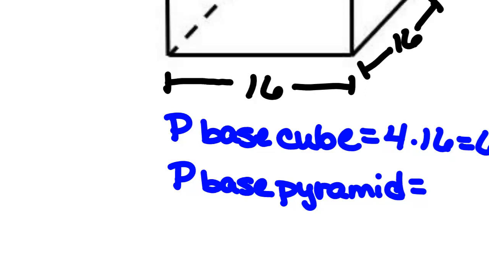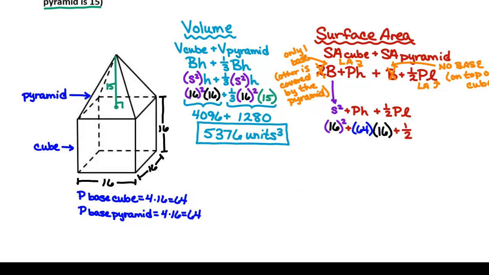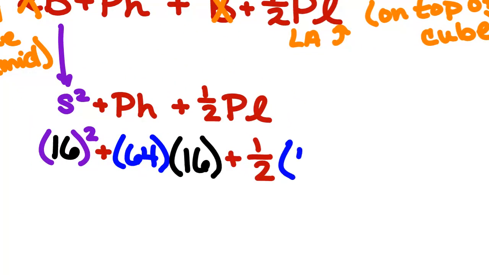What shape is the base of the pyramid? It's a square. It's 64 again. Why? Because it's the same as my cube. I have 4 congruent sides on the base of the pyramid. Each of those sides is 16. So I have a perimeter of 64 there as well. Times the slant height of the pyramid. Do we have that? No.